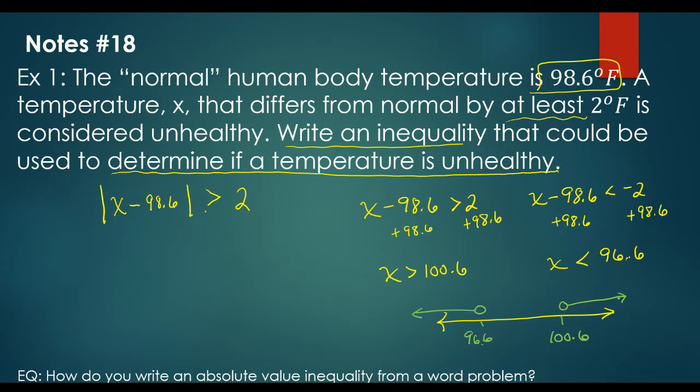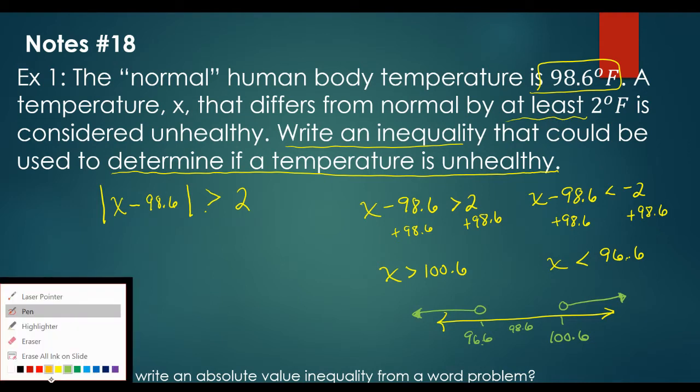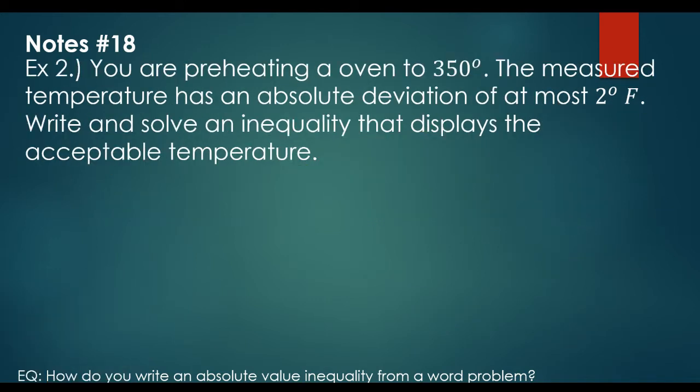Those are all the unhealthy temperatures, because a healthy temperature was 98.6. Unhealthy is greater than 100.6. Unhealthy is less than 96.6. Okay? All right, you can always hit pause to get caught up.